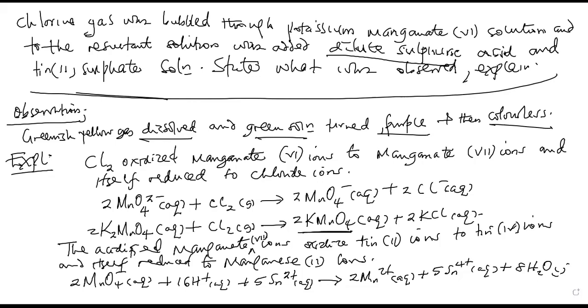You first write the half equation of manganate 7 ions acting as oxidizing agents as they are reduced to manganese 2 and water. Then you also write another half equation to show the reducing action of tin 2. Tin 2 ions are reducing agents, and therefore they oxidize to tin 4. Then you combine the two.